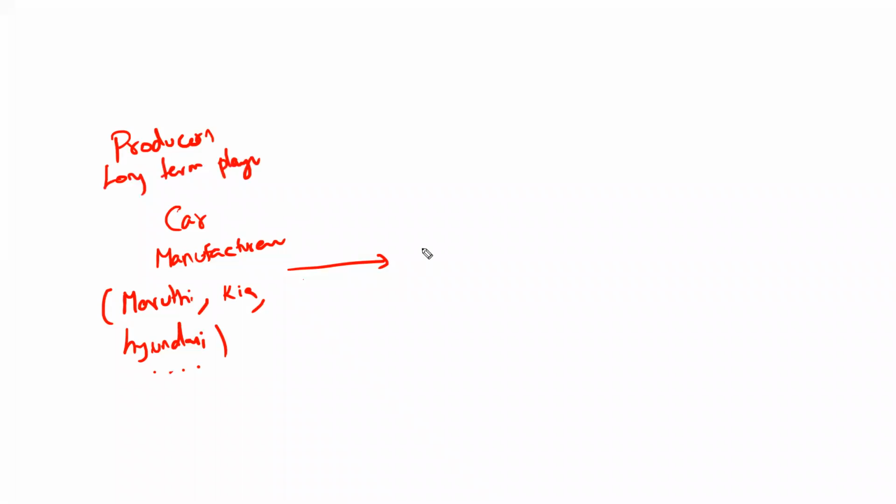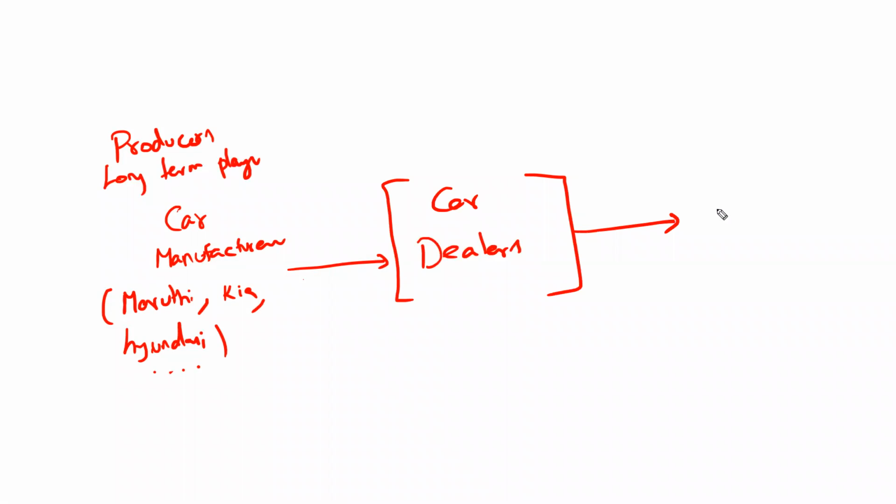But who comes in between? The dealers, car dealers. They are the ones who run the actual business. They have the direct interface with the retail traders, retail clients. So what is their job? They get a lot of inventory, pile it up, put it in their showrooms and showcase it.